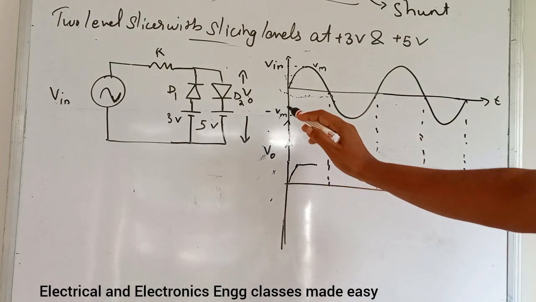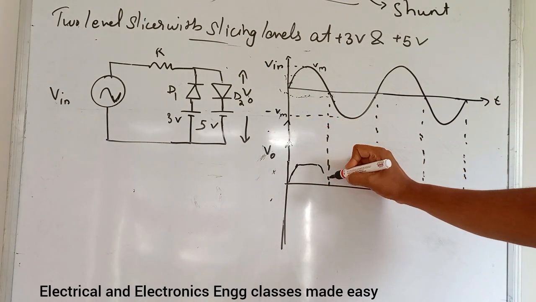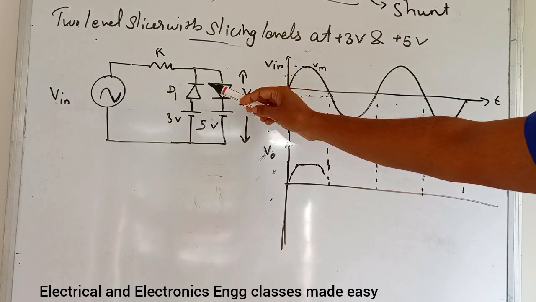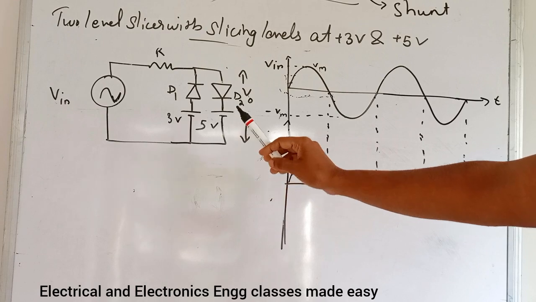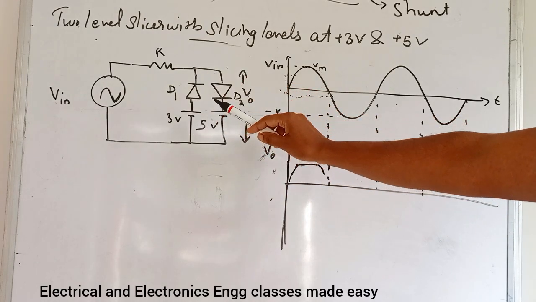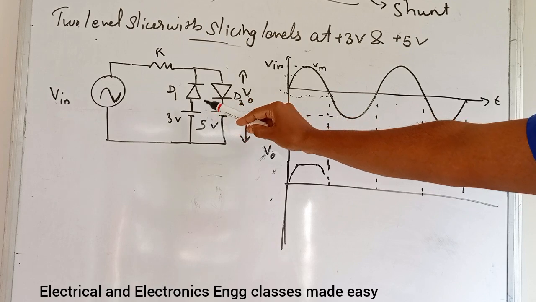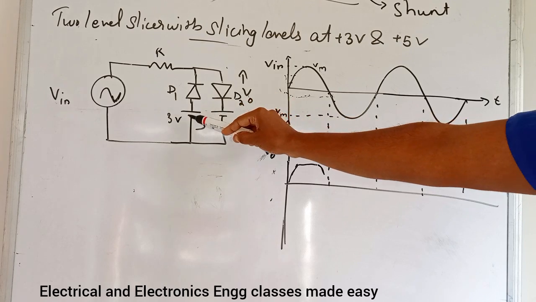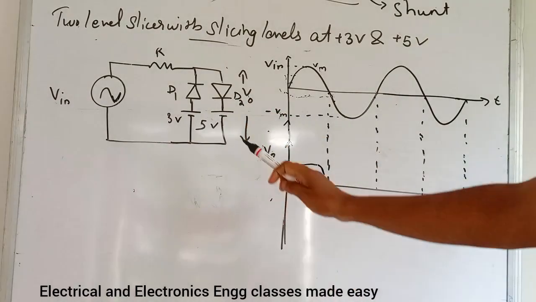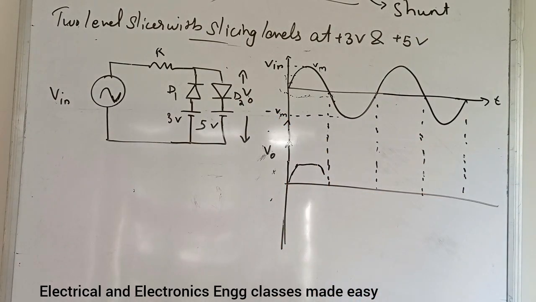Then during the negative half cycle, D1 will be conducting and D2 will be reverse biased. So during the negative half cycle, D1 will be conducting, but here there is a voltage source 3 volt. So this is positive 3 volt.